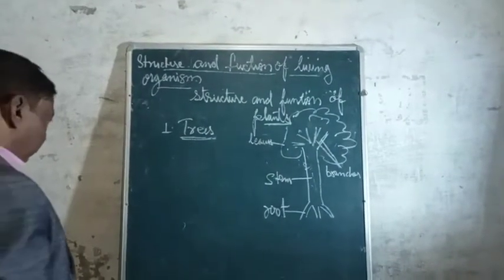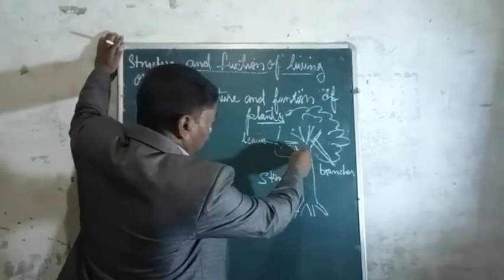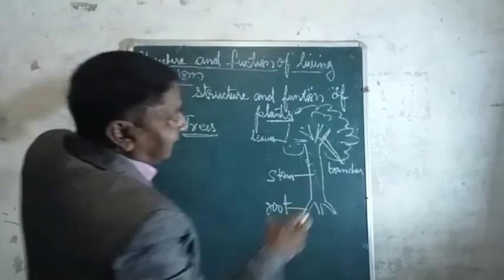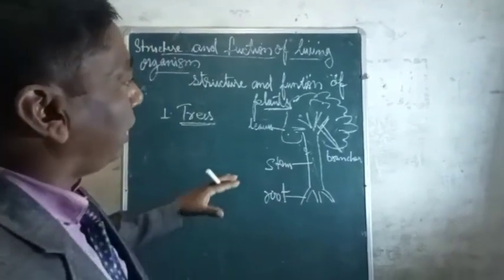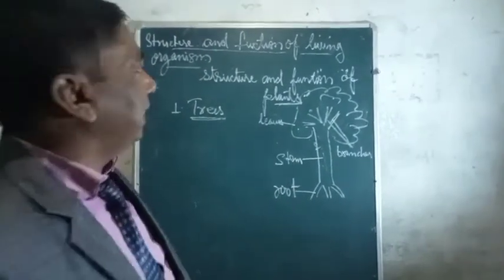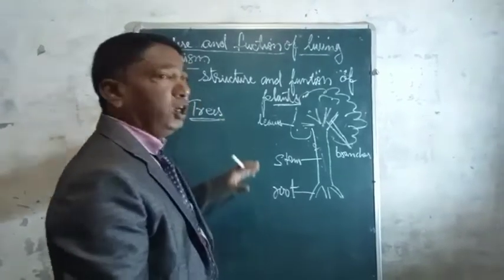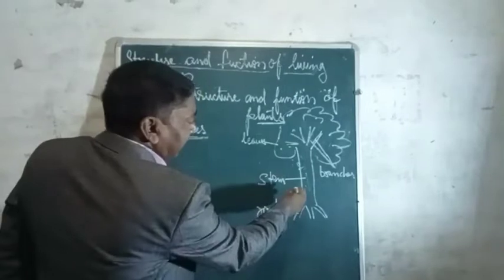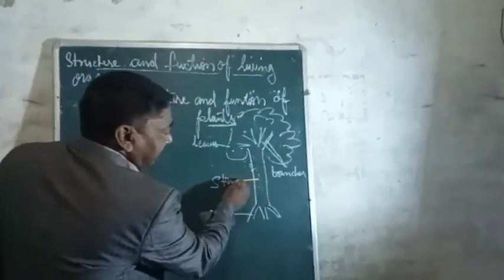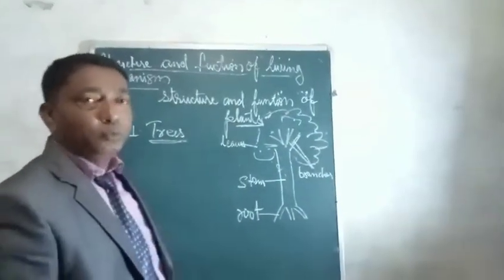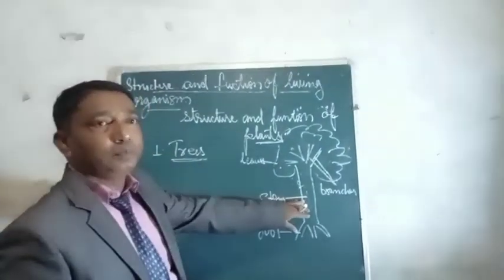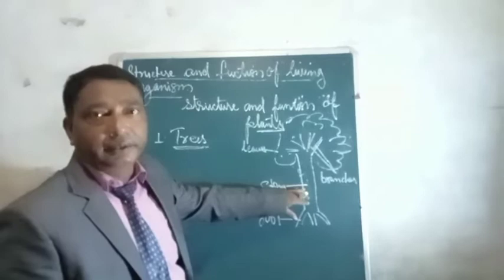So how can we recognize a tree? We can recognize a tree by seeing that it has a single woody stem, also known as the trunk.